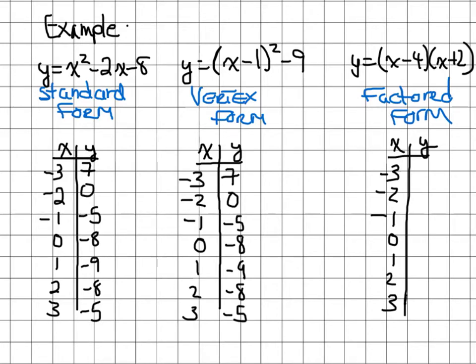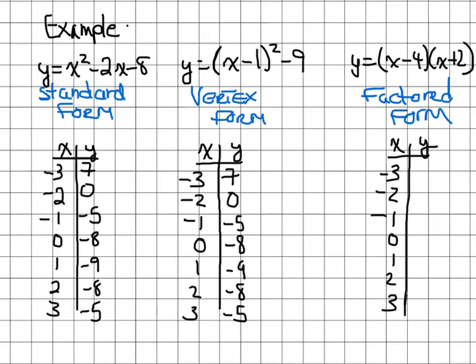So if we look at that, as expected, if they are representing the same relation, the standard form and this form here have identical tables of values. And if this factored form, or this equation here, represents the same quadratic relation, then its table of values should be the same as the other two.